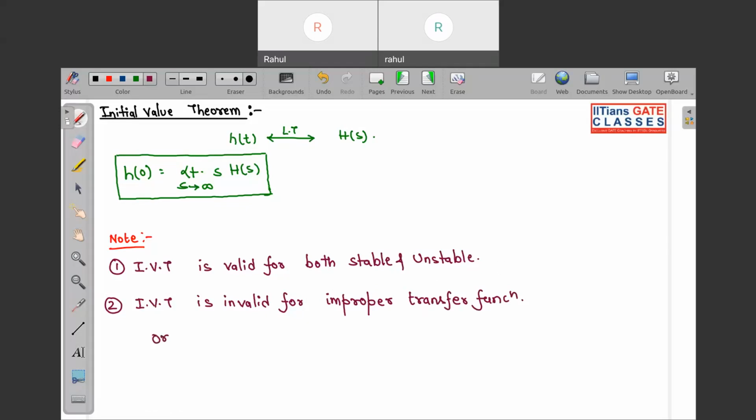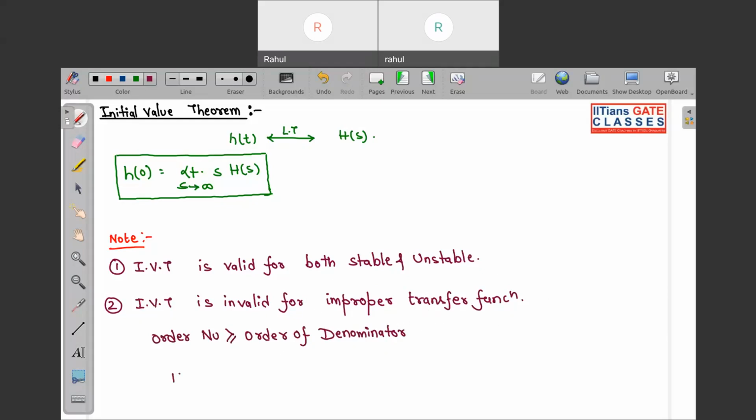When the order of the numerator is greater than or equal to the order of the denominator, then it is known as an improper transfer function.